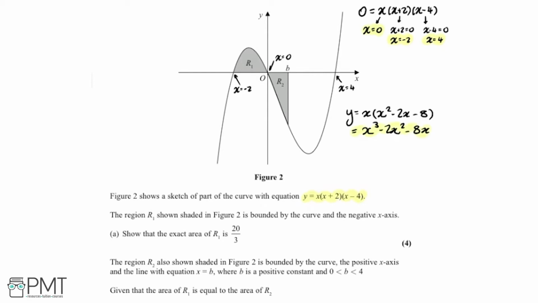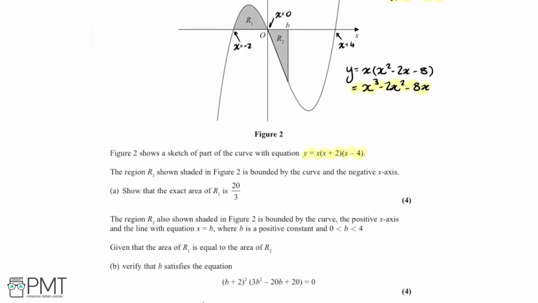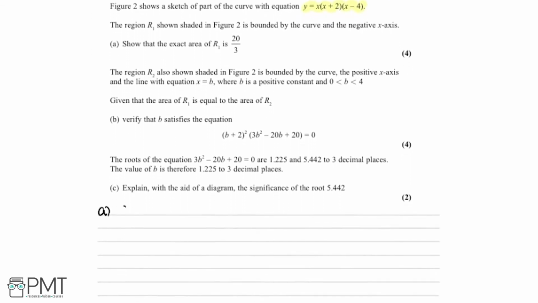So now I'm going to carry out the integration to find the area of R1. We're going to integrate x to the power of 3 minus 2x squared minus 8x with respect to x, and this is going to be between minus 2 and 0. So doing that here, I'm going to put some square brackets. Now, we're going to integrate each term individually.